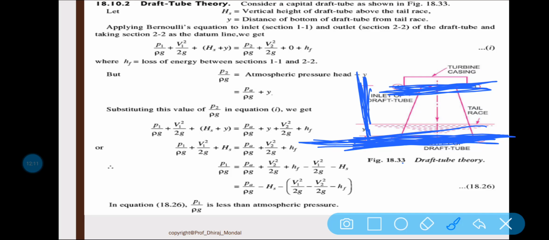Clear? Plus Hf. Why have we taken Hf? Because we are applying the modified Bernoulli's equation, where frictional loss is taken into consideration.